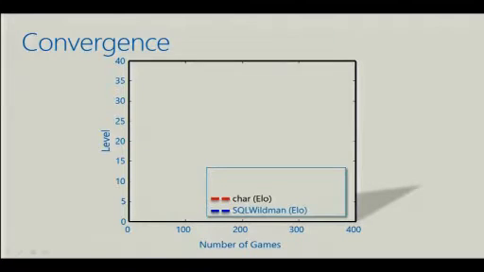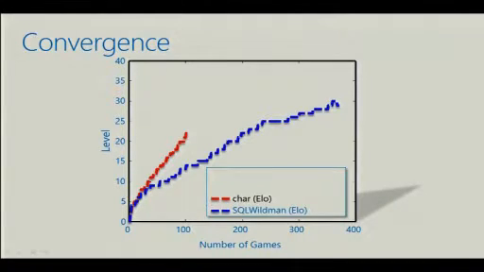Now, one of the advantages of this technique versus the ELO technique is in convergence. So this is a plot of two actual players from Xbox Live, one gamer tag Char and another one SQL Wildman. And this is how their rating increases on a scale up to 40 over a number of games.